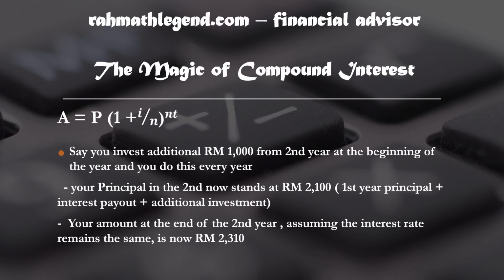So your principal in the second year now stands at 2,100 ringgit. That is first year principal plus first year interest plus additional investment. Okay, so your amount at the end of the second year, assuming the interest rate remains the same at 10%, is 2,310 ringgit.